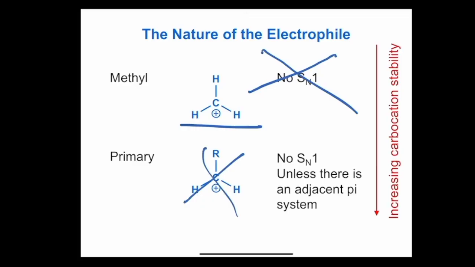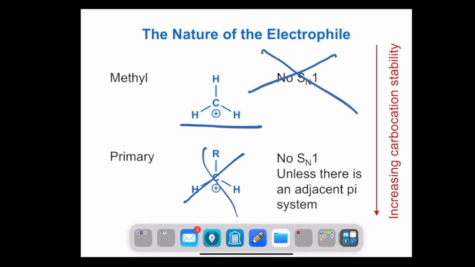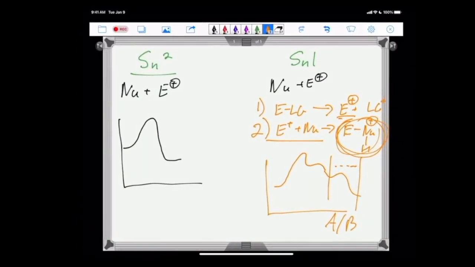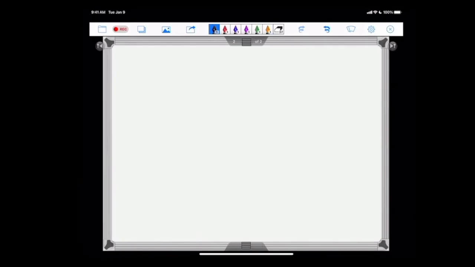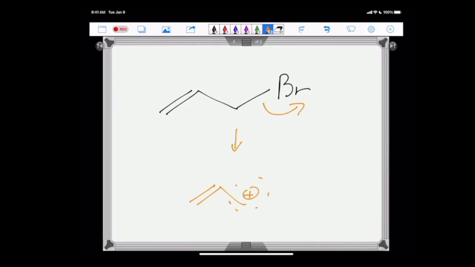There's only one type of primary system that you might be able to make a carbocation on, something like this. If I took this and lost that group, the carbocation I make is primary, looking at this center. But why do you think this type of carbocation is kind of okay?